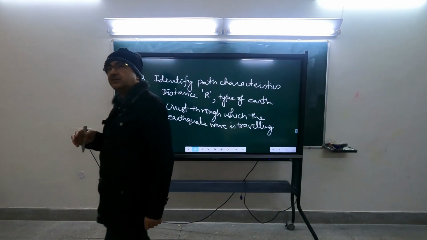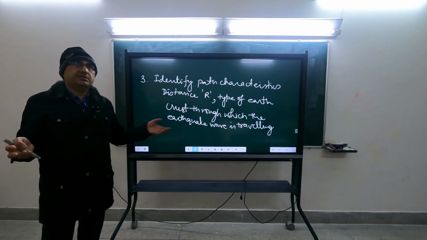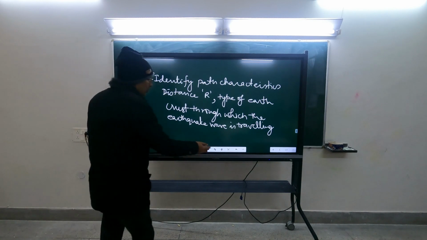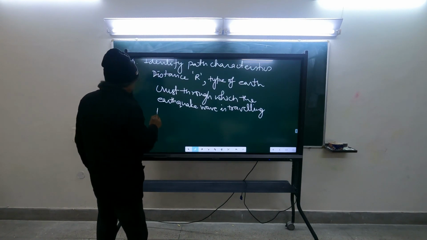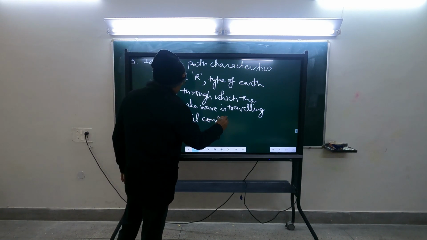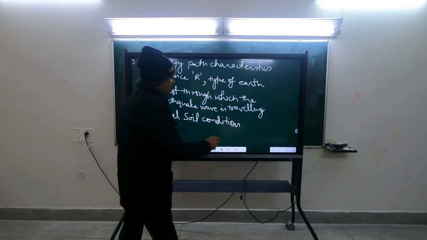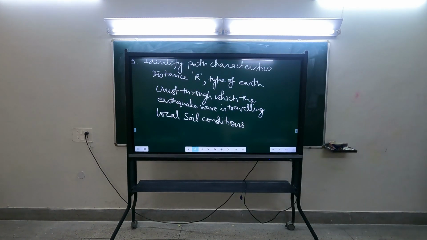The formation of the Himalayas is totally different, so the type of earth crust there is very different. And then it will also depend upon the local soil conditions. The movement of the earthquake wave in rock and soil is very different. In rock, the velocity is very high and the frequency is also high. In soil, the velocity is low and the frequency is also low.